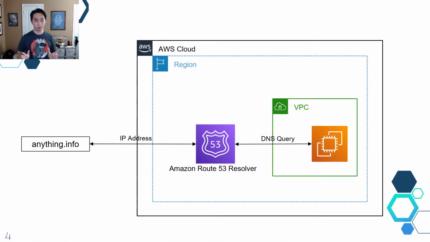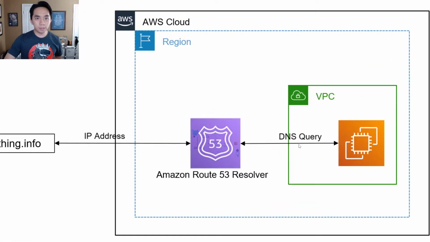It's not exactly how it works, I think it's the A step in a DNS lookup. But the basic idea is that your resource within a VPC will send a DNS query to Route 53 Resolver, and then the resolver will do its thing and return the IP address to the resource. So the resource and the domain can communicate based on the IP address, right?